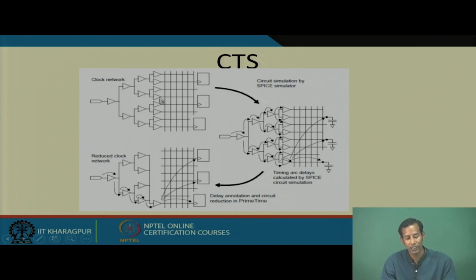Now, as all of these require buffers, we have to minimize the number of buffers. How can we minimize? Through the SPICE simulation, it tries to minimize the number of buffers used for these cells, and it comes down to a lower number of buffers for the reduced clock network. Okay.